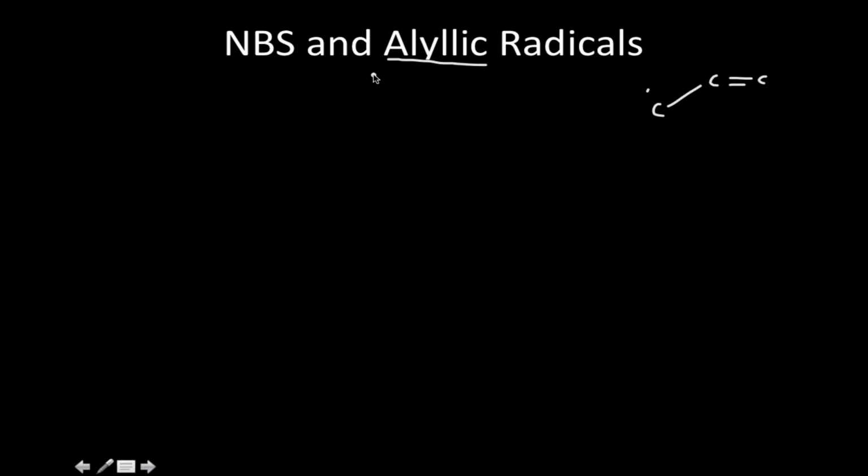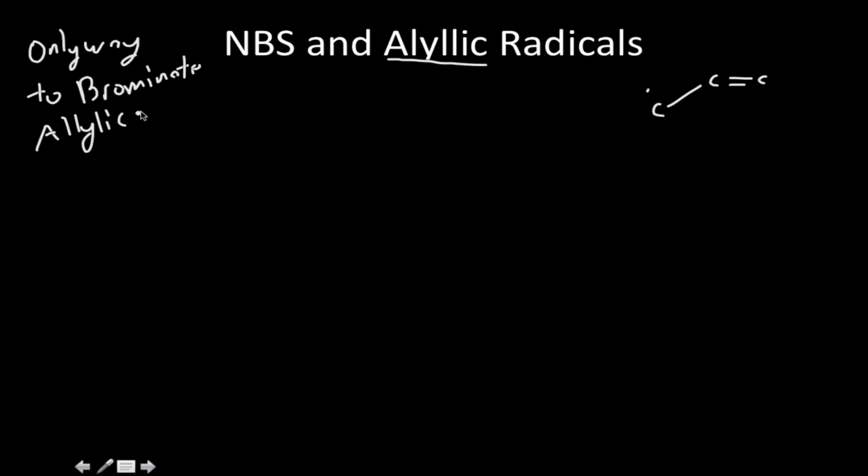One of the reactants that we can use is known as N-bromosuccinimide, and what's important is that this is the only way to brominate allylic carbons.